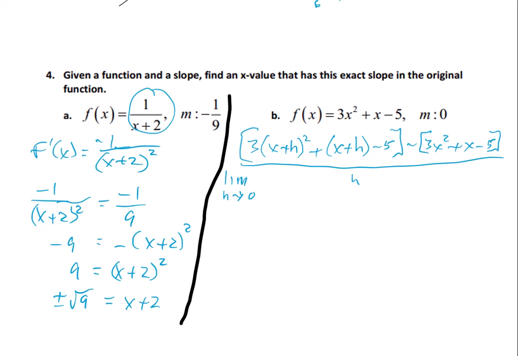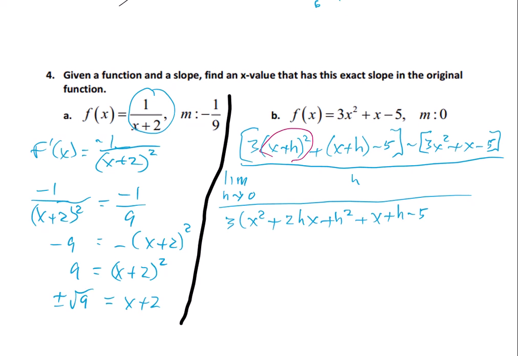So I square this right here, and I'm going to get 3 times (x squared plus 2hx plus h squared) plus x plus h minus 5.